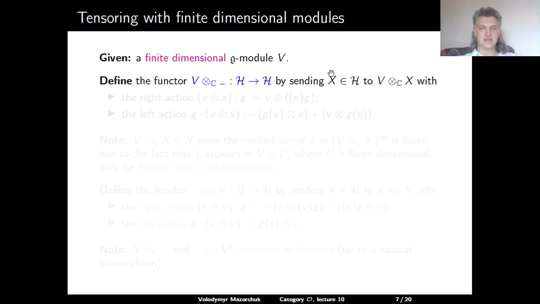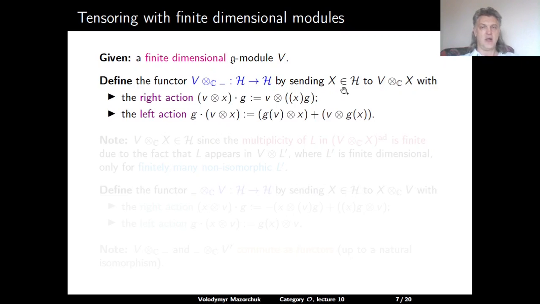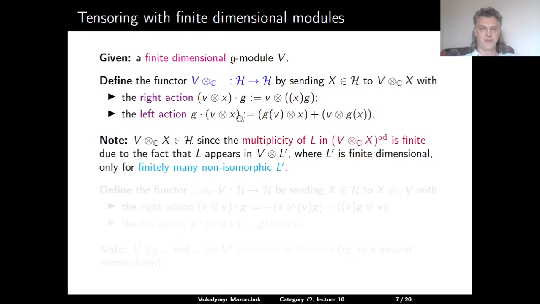This functor sends a Harish-Chandra bimodule X to V tensor X, where the right action of G on this tensor product is given by acting only on the component X, while the left action of G on this tensor product is given by the usual coproduct formula of how G acts on a tensor product of two modules.